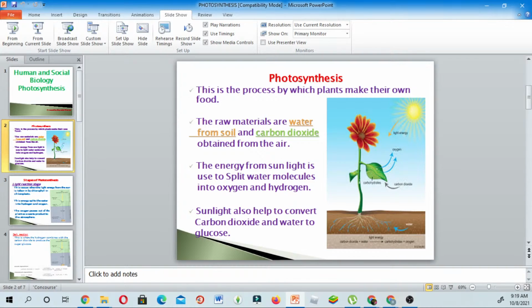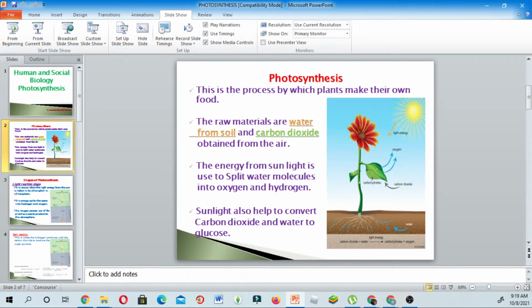Right. So once the water is in the plant, when the sun shines on the plant, they are saying that the energy that comes from the sunlight actually breaks up the water into two new substances, and those are called oxygen and hydrogen. They are saying that the sunlight also helps to convert carbon dioxide and water to glucose.